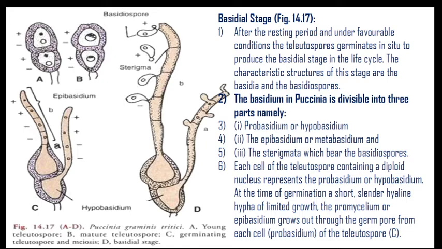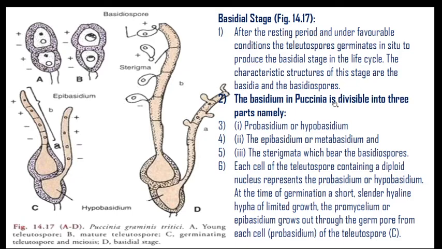The characteristic structures of this stage are the basidia and the basidiospores. So this is the hypobasidium and this is the epibasidium. Here are the basidiospores, and this is the germination of Teleuto spores in the basidial stage.